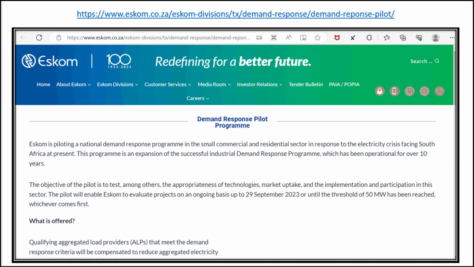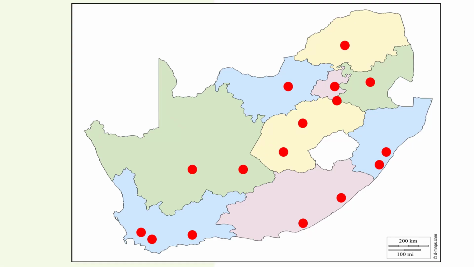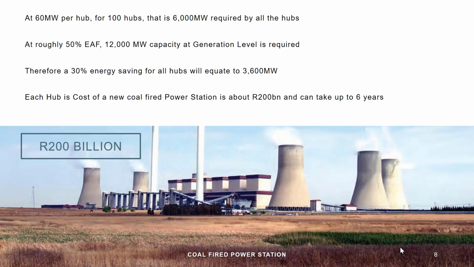Let's go back to the Springs hub. It is fed by a roughly 60 megawatt substation. If we are able to activate 100 industrial hubs across the country, we are talking 6,000 megawatts. At roughly 50% Eskom EAF, power station capacity required to service these hubs is 12,000 megawatts.